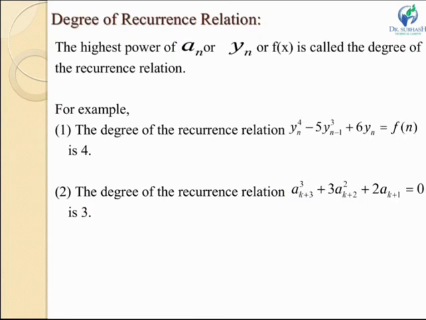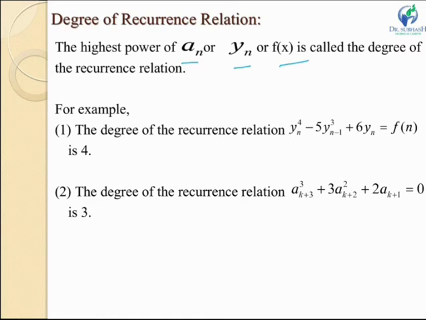Now let us see the degree of recurrence relation. The highest power of an or yn or f of x is called the degree of the recurrence relation. We just need to see the highest power in the given recurrence relation.